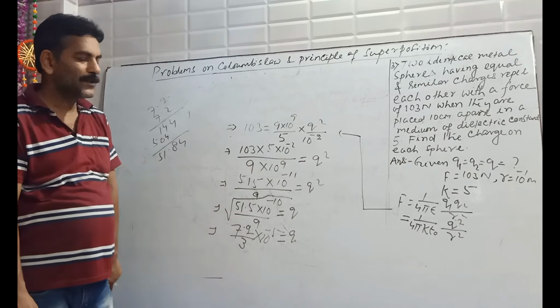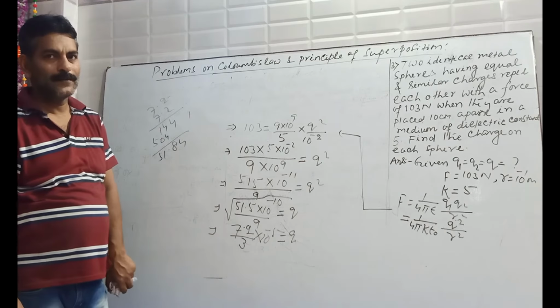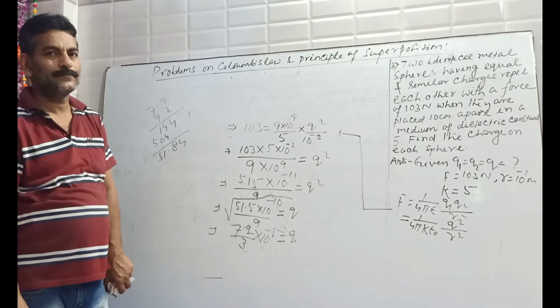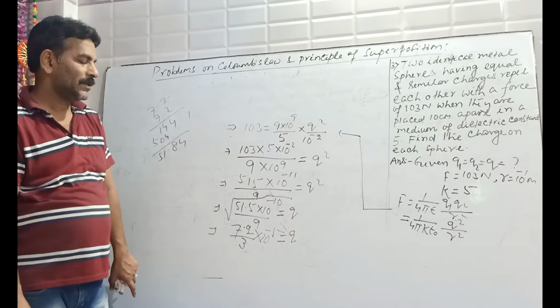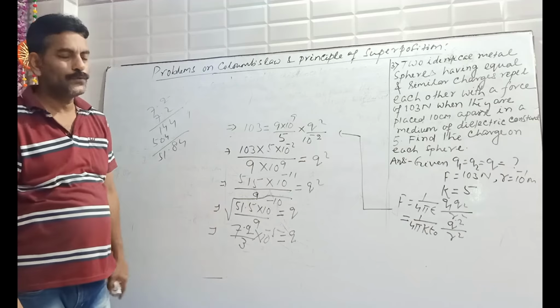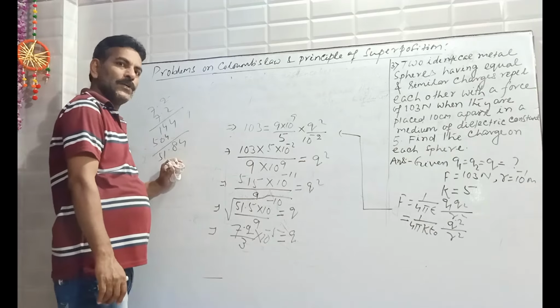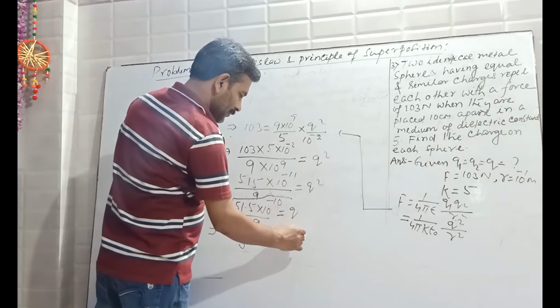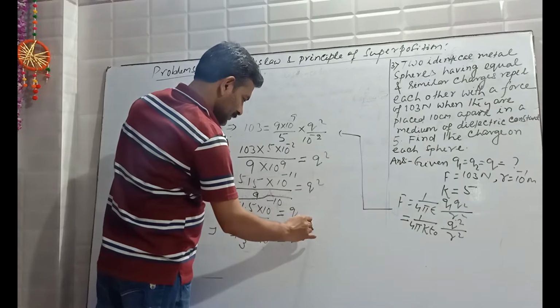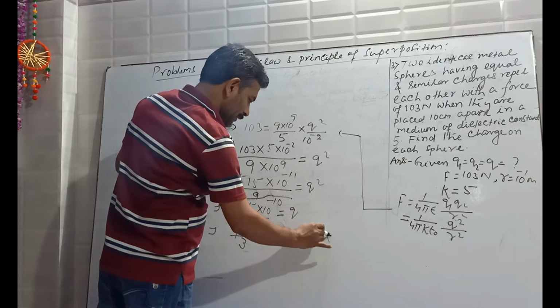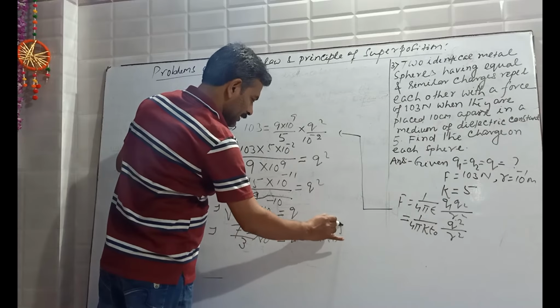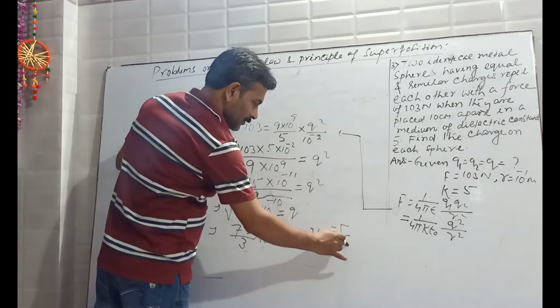So you see 7.2 by 3, 2.4. So the value of Q will be how much? 2.4 into 10 to the power minus 5 coulomb.